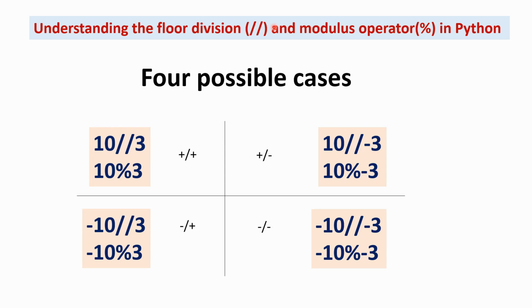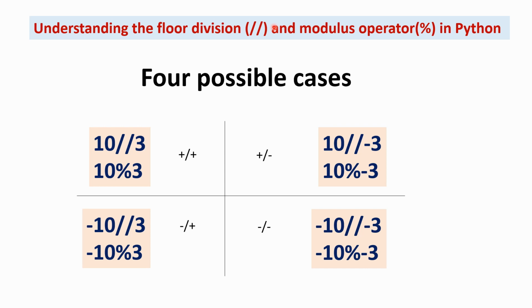If you do it mathematically, you will get minus 3.33, something like that. So minus 3.33, again, which is the lower integer closest to minus 3.33? Is it minus 3 or minus 4? So here, when it is negative, it is minus 4, remember, because minus 4 is just less than minus 3.33.